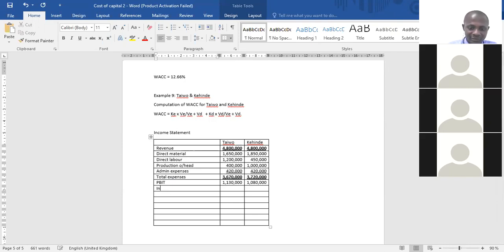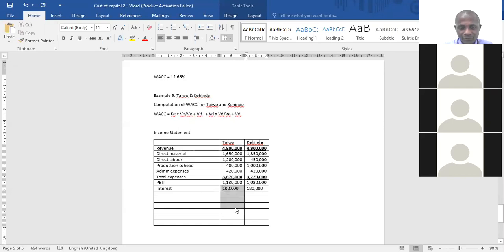Now, what's our interest? We have interest in the question. The interest on debenture is 100,000 for Taiwo and 180,000 for Kainde.